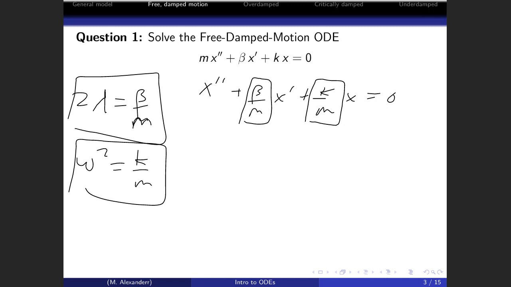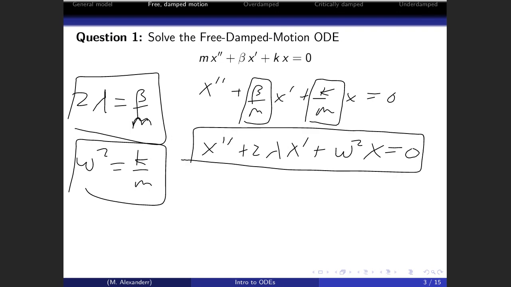And so when you do that, you get x double prime plus 2 lambda x prime plus omega squared x is equal to 0. And so 2 lambda is a number that we do know from the physical situation because we know the damping constant and the mass m, and then we also know the k, which gives us the omega squared. So this is lambda here, and then this is the x prime.